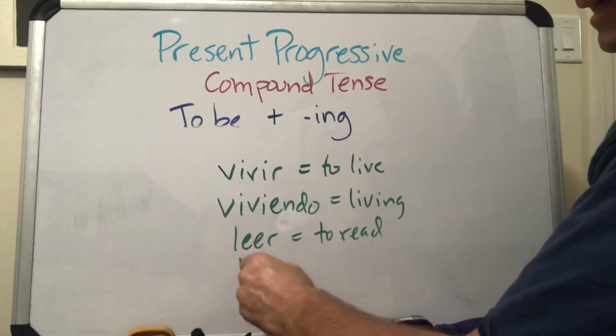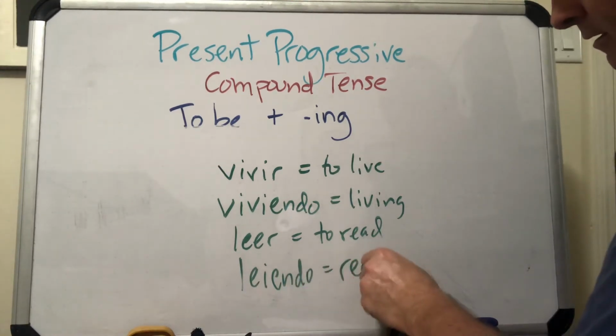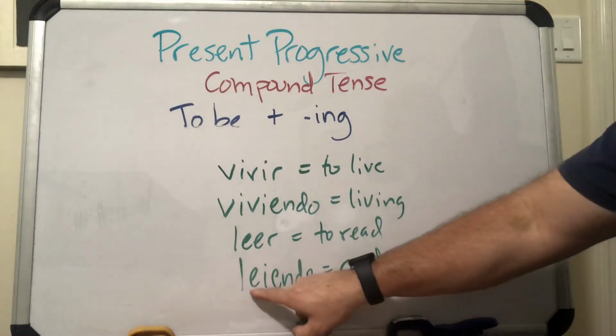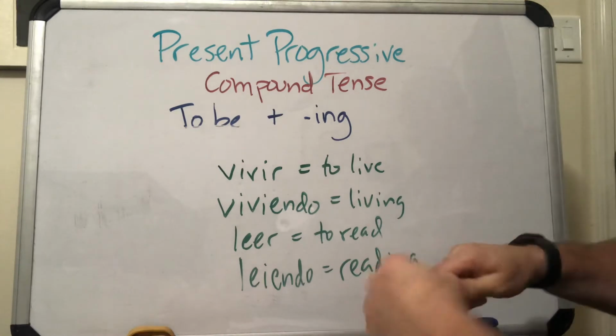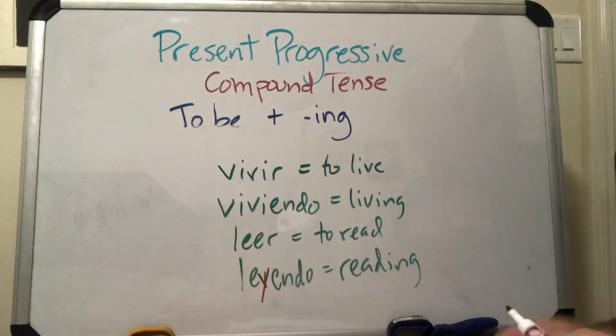So we have leyendo. That means reading. But with this one, this is where we run into our issue where we have our 3 vowels in a row. Okay? So that's where we want to come back in and change this I to a Y. To leyendo. Okay?